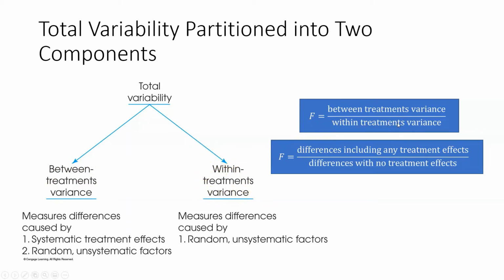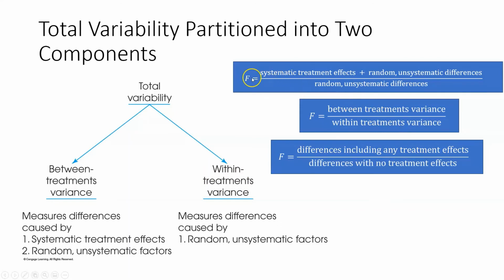You could also say instead that the F statistic is the systematic treatment effects plus random unsystematic differences, and we divide that by the random unsystematic differences. So it's both of these combined divided by just the one alone.